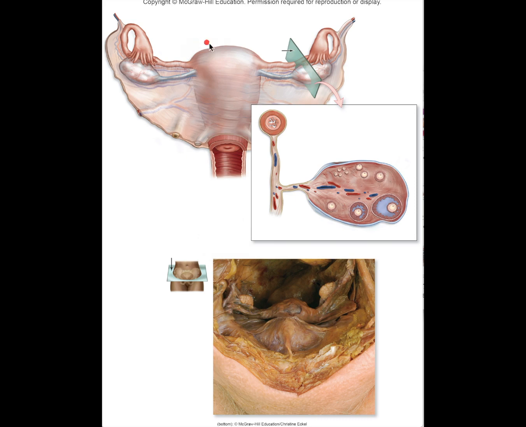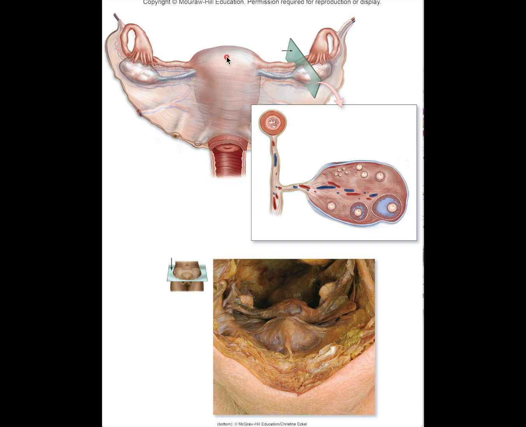So as soon as that fundus pokes out above the pelvic inlet, it can be measured. So at 40 weeks pregnant, the measurement from the fundus to the pubic crest should be around 40 centimeters.